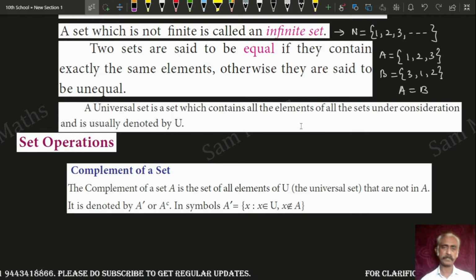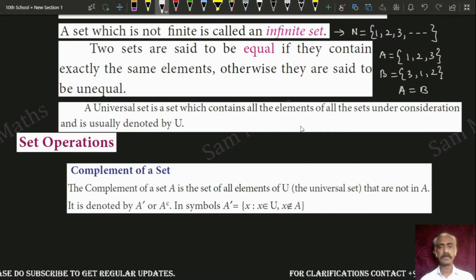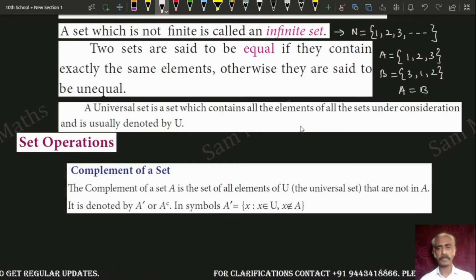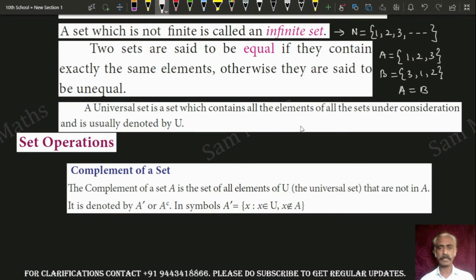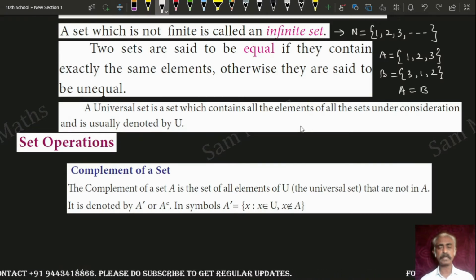Complement of a set, that we denote by A dash or A power C. The complement contains elements from the universal set but not from A. Symbolically, A dash is equal to the set of X such that X belongs to U but X does not belong to A.